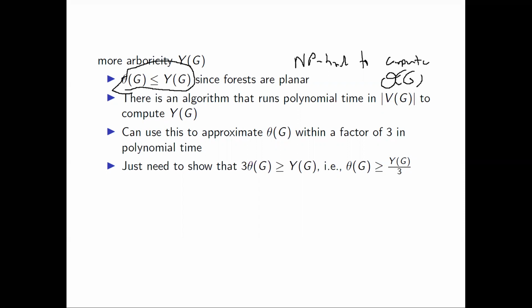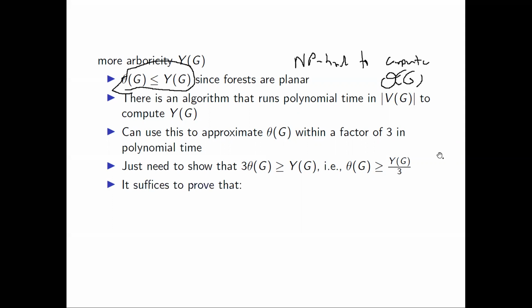In other words, the arboricity is less than or equal to 3 times the thickness. And in order to prove that, it suffices to prove a fact about planar graphs decomposing into forests.